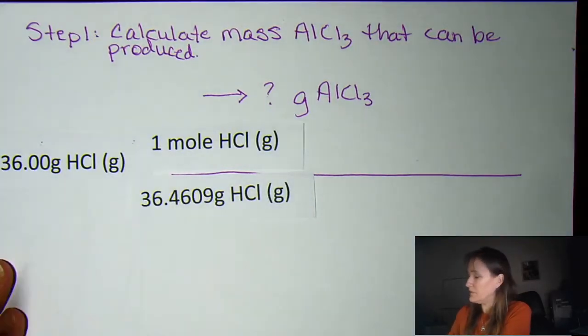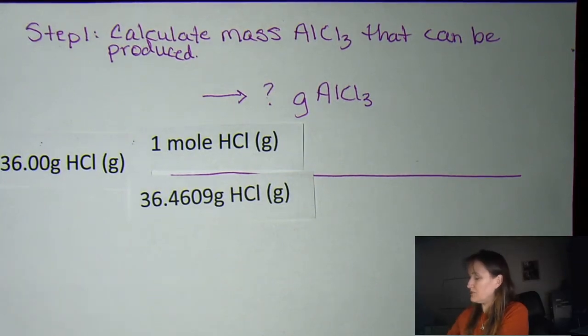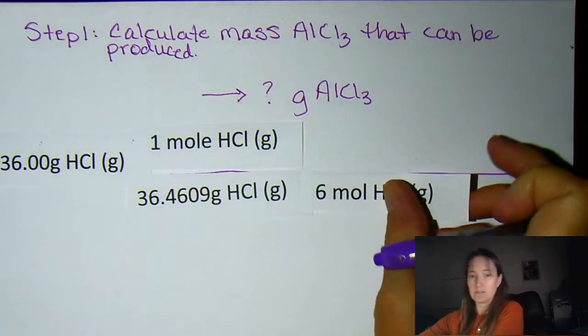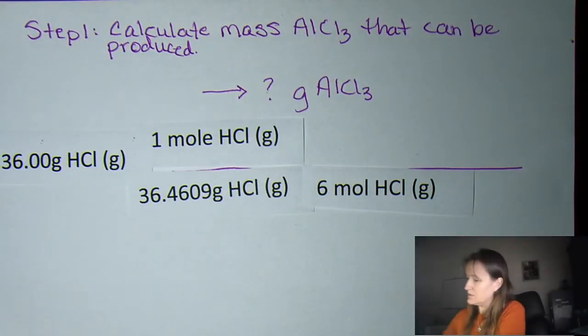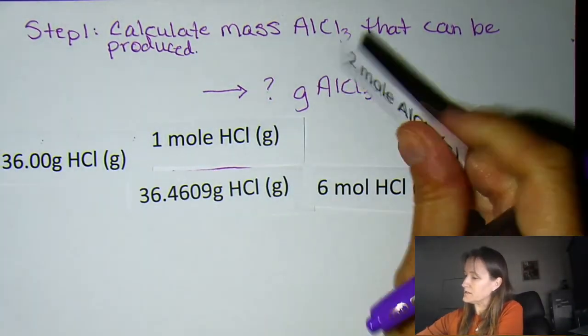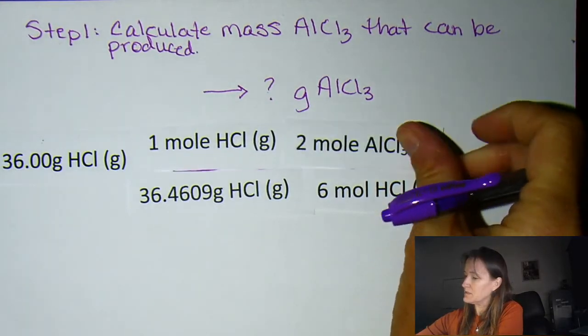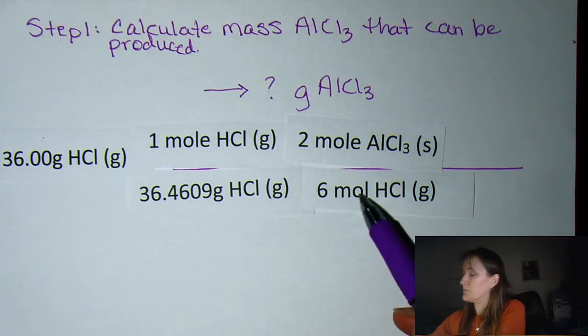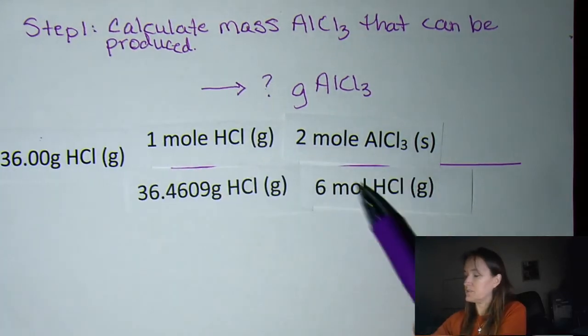Now that we have moles of HCl, we can use our coefficients to convert from moles of HCl to moles of AlCl3. So moles of HCl will cancel. These are the coefficients.